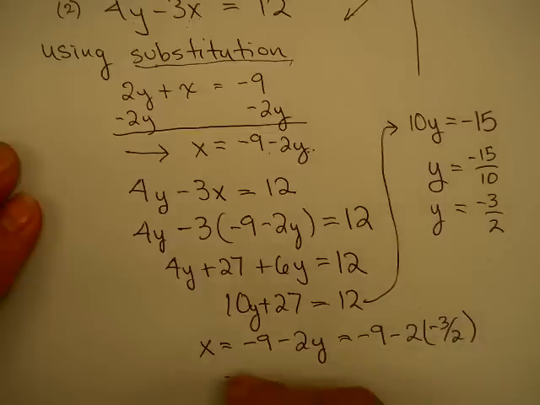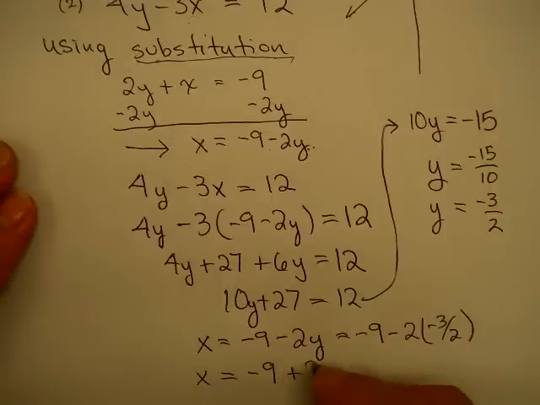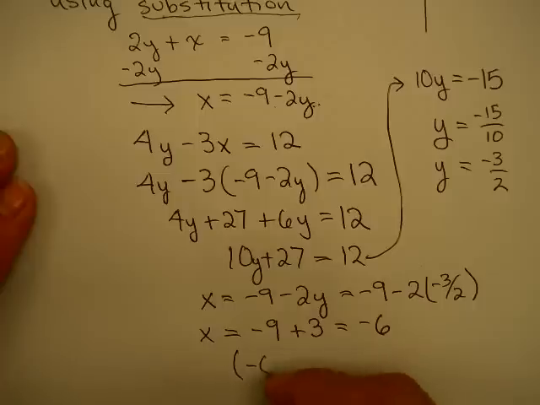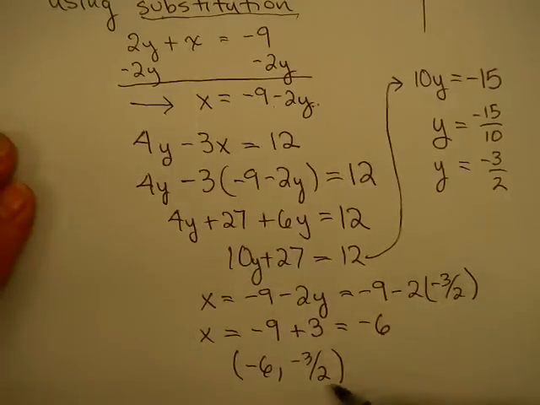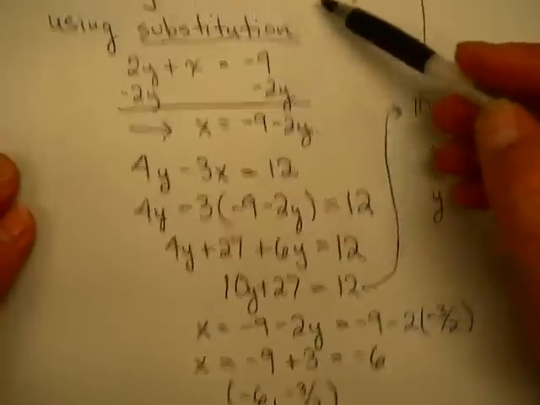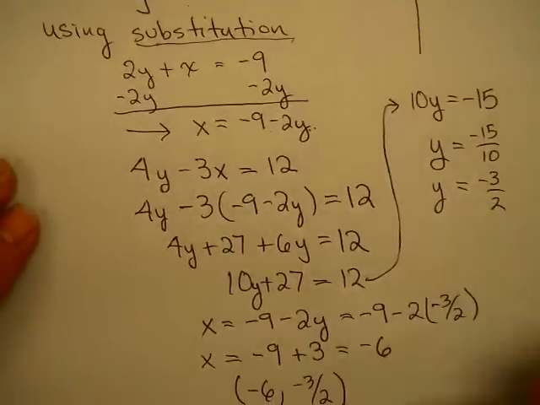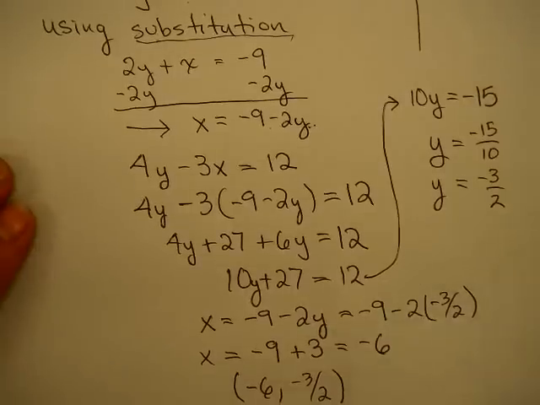Doing this arithmetic, you get x equals minus 9 plus 3, which is minus 6. So my point of intersection is minus 6, minus 3/2. If you check this point in the original equations, you will see that it works. And that was called finding a solution to a system of equations.